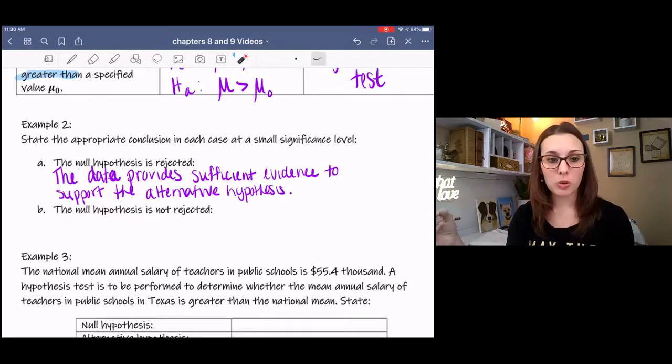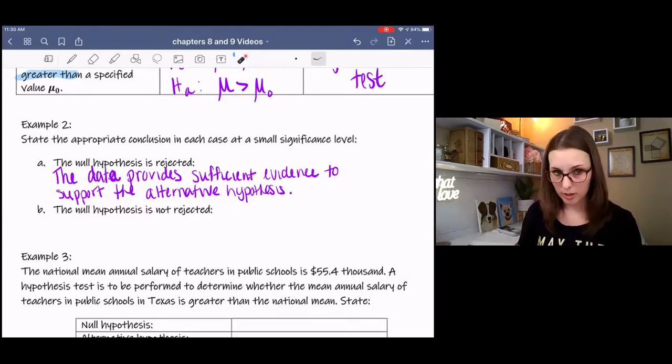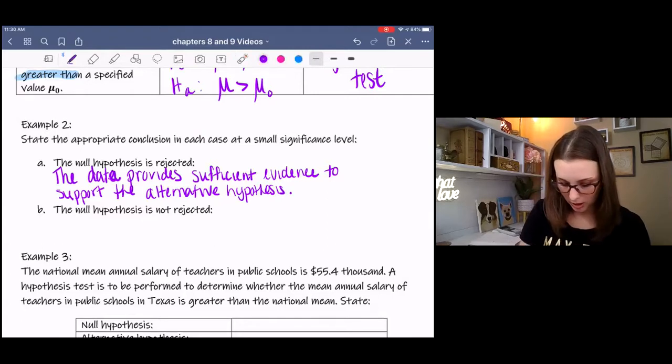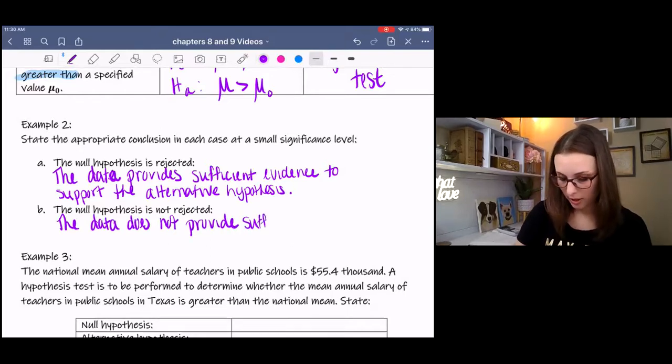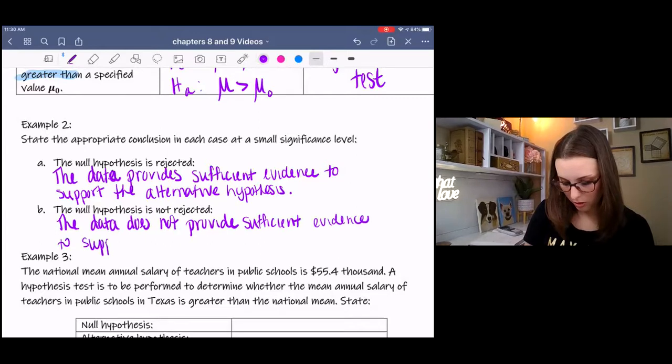And in the case where the null hypothesis is not rejected, then we would say the data does not provide sufficient evidence to support the alternative hypothesis.